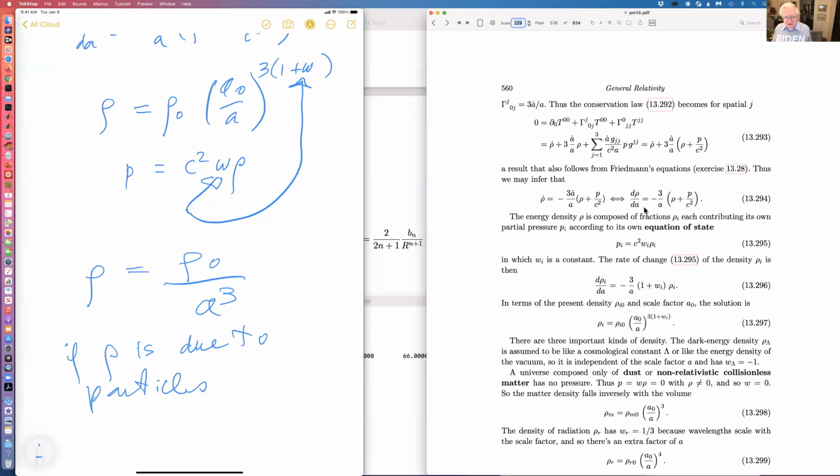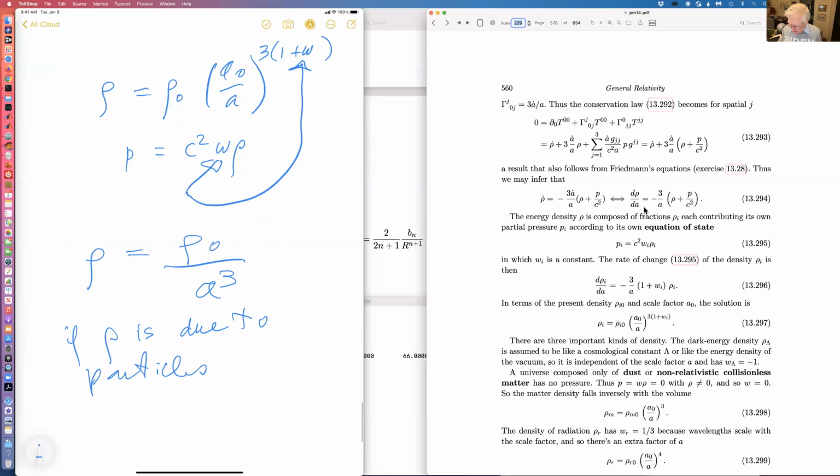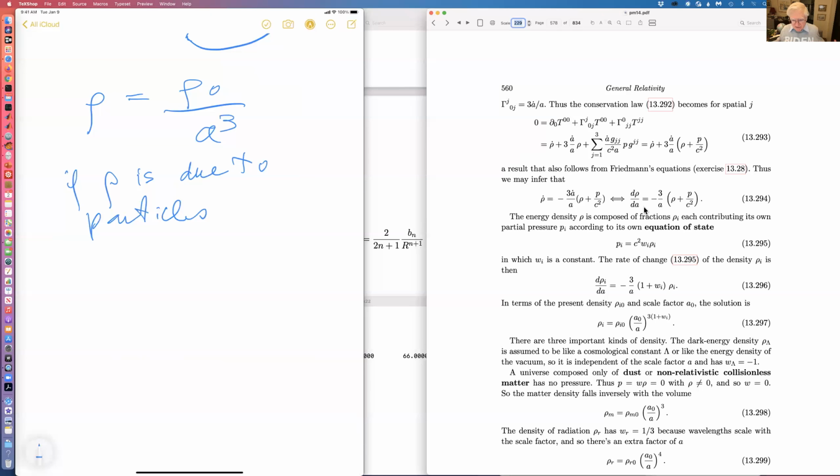And that's because as the universe expands with the scale factor, the particles just become farther and farther apart, and the density drops as the cube of the stretching of space. So this is for matter, whether transparent or visible.